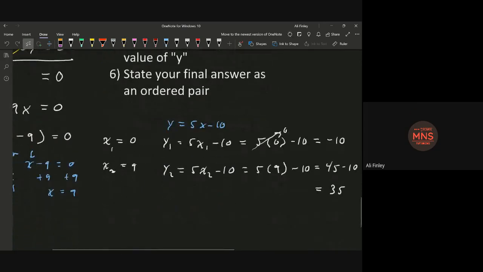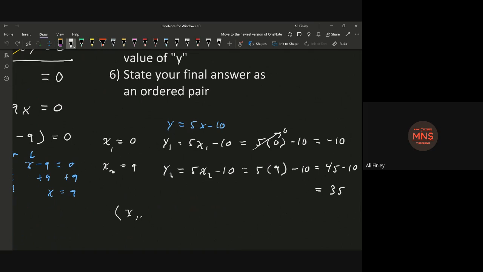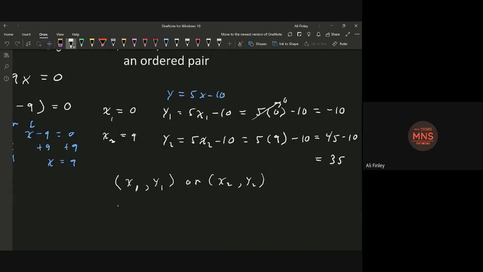Now, the sixth step is to state your final answer as an ordered pair. So we have a couple of ordered pairs. We've got our x1 comma y1, and we've got our x2 comma y2. So our solution ordered pairs are going to be 0, that's x1, and y1, we calculated that at negative 10.